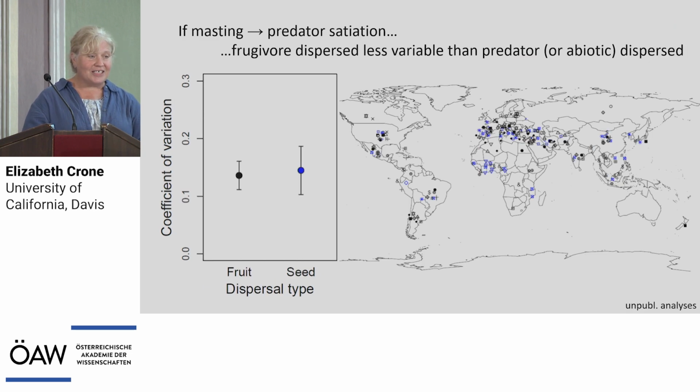If masting increases predator satiation, then frugivore dispersed crops should be less variable than predator or abiotically dispersed crops. So I divided them into fruits and seeds, which would have historically, I mean, now we eat them all, but historically been frugivore or predator dispersed, and it's not a statistically significant difference, but the seed is a little bit more variable. So, yeah, modest support for this prediction.